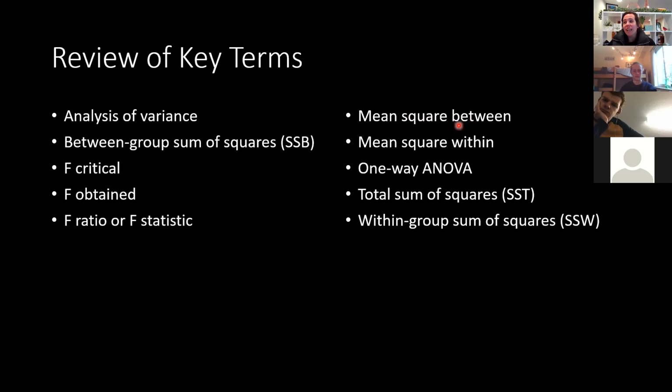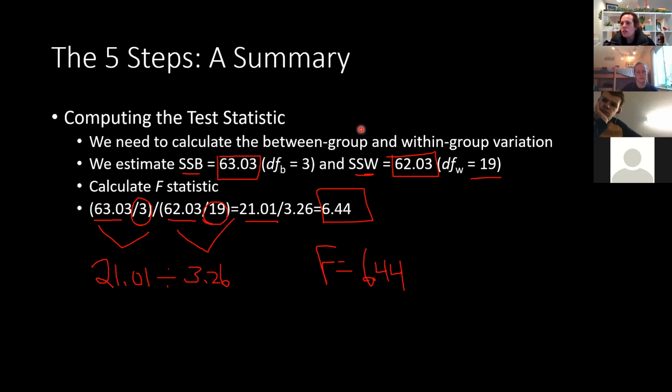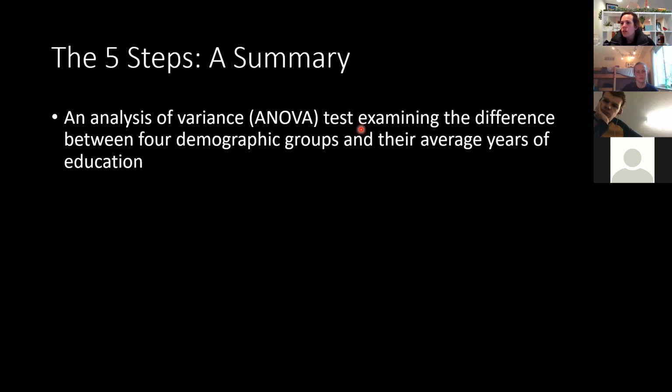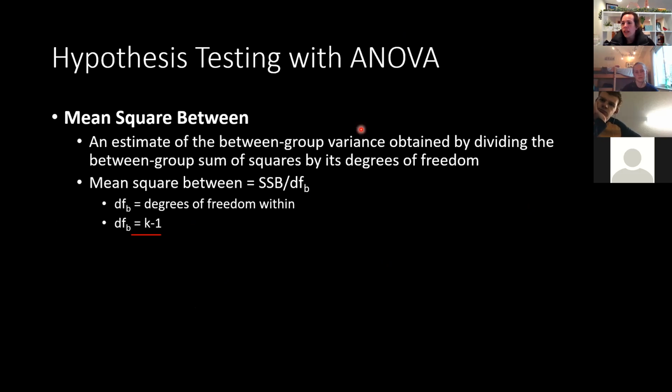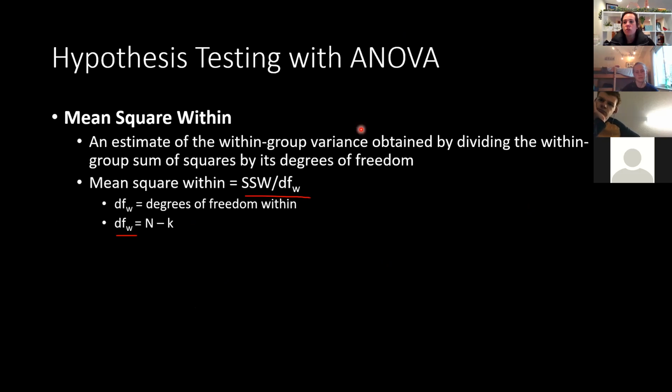You need to also recognize that your sums of square between are going to be related to your degrees of freedom between. Sums of square within are going to be related to degrees of freedom within. I think we talked about that just a few slides ago. Right here, degrees of freedom between, within.